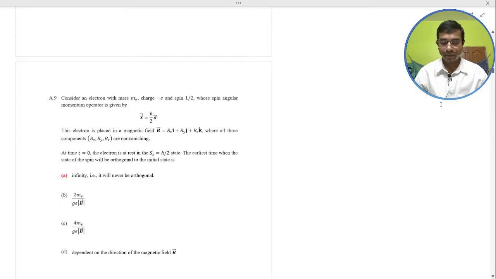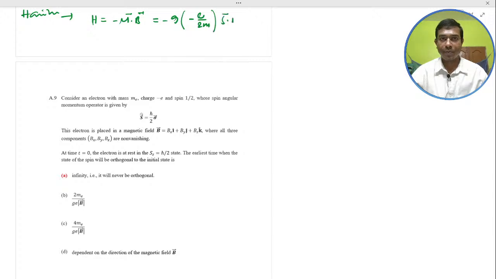So here, the Hamiltonian of the system, H, is nothing but minus mu dot B. This is equal to minus minus e by twice m S dot B. This is equal to e by 2m mod of B, S dot B vector by mod of B vector.